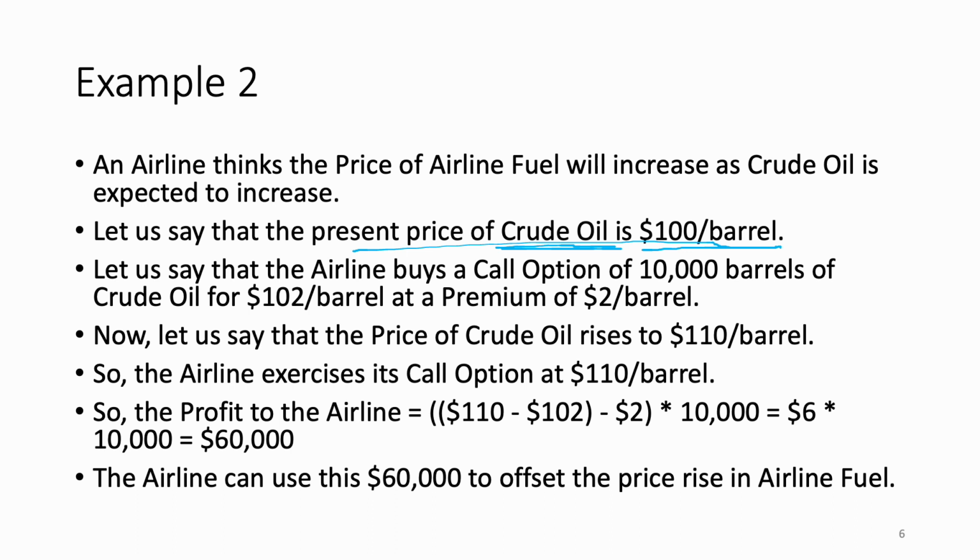The airline is thinking that the crude oil price will increase. So what the airline speculates is that he makes a call option saying that I will buy crude oil at $102 per barrel, and I am ready to pay a premium of $2 per barrel. So with this condition, and of course there has to be a third condition that this has to have an expiry. Take for consideration that the expiry is 1 month.